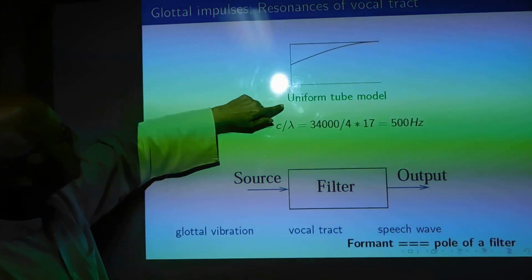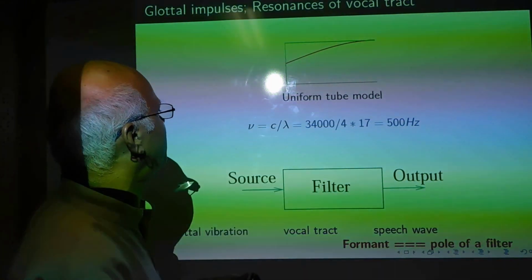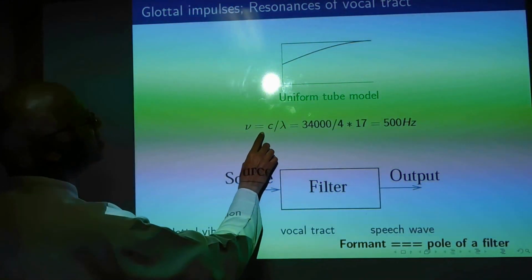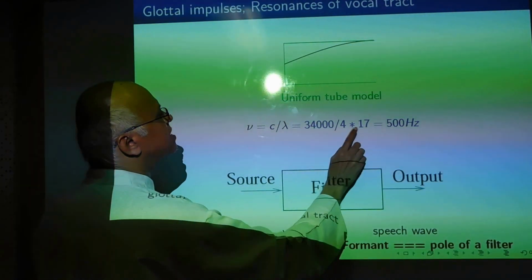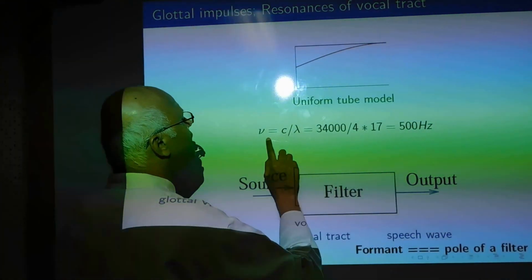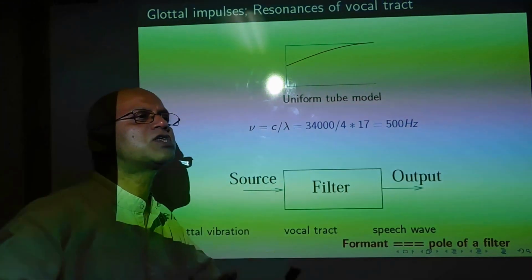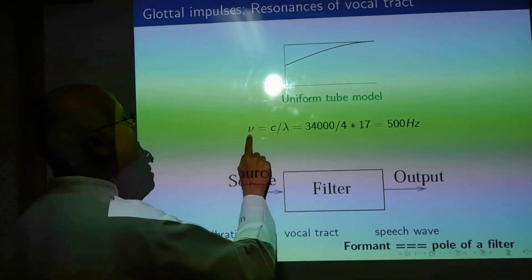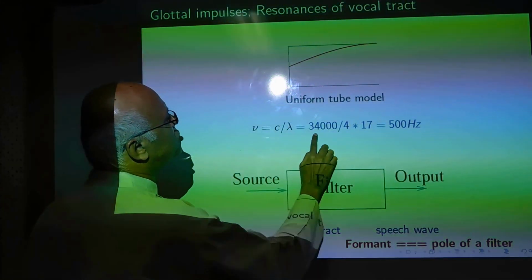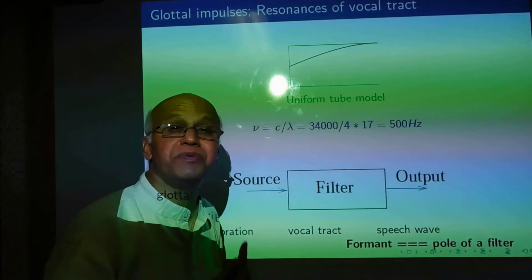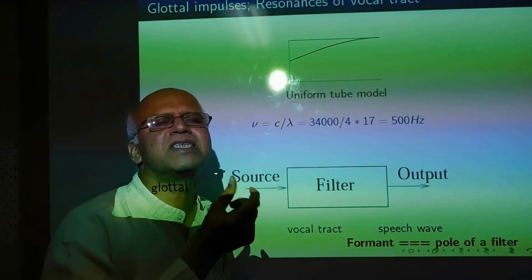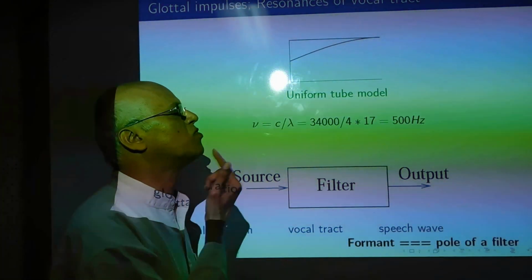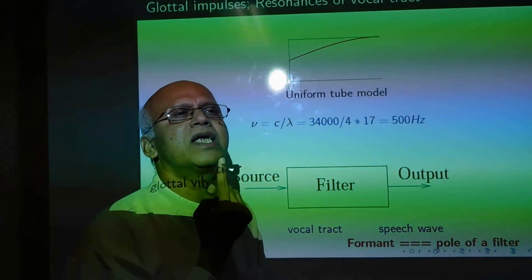Such a model is called the uniform tube model, and you can use physics to estimate the fundamental frequency of vibration, the lowest frequency at which it can vibrate. The fundamental frequency can be estimated assuming 340 meters per second as the speed of sound in air, and assuming 17 centimeters as the length of the vocal tract from here to the lips.